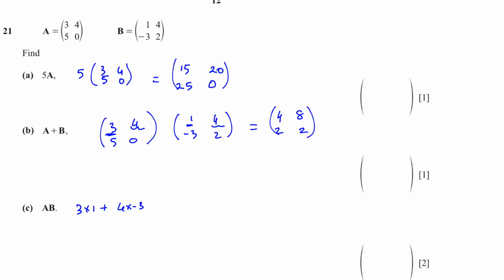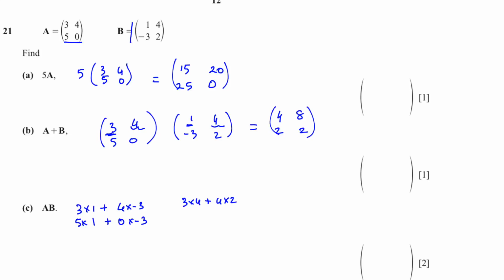Then we are going to multiply the first row with the second column. That will give us 3 times 4 plus 4 times 2. After this, the second row with the first column. So 5 times 1 plus 0 multiplied by negative 3.